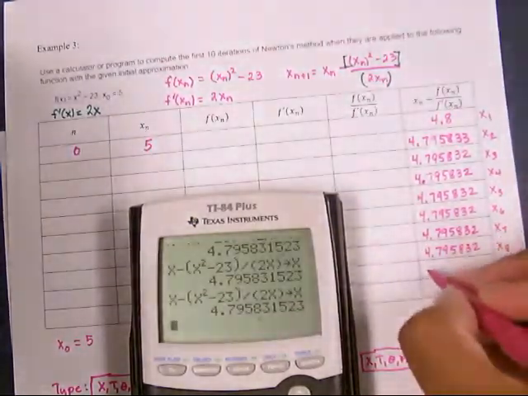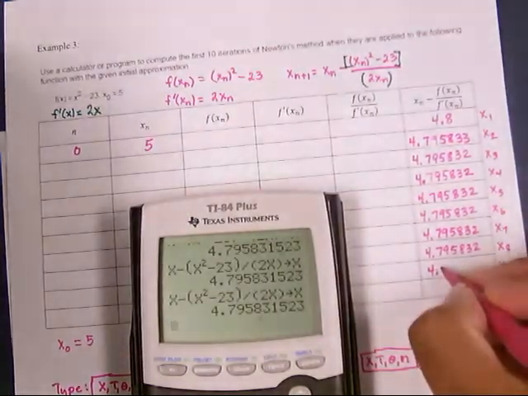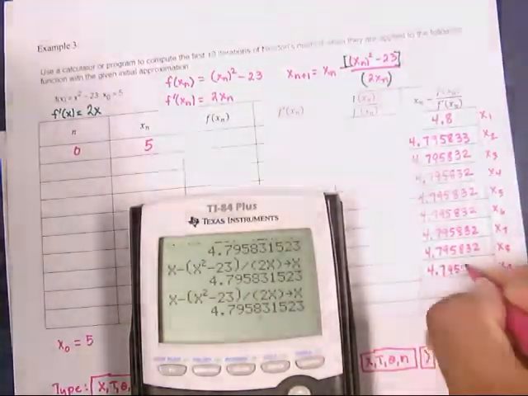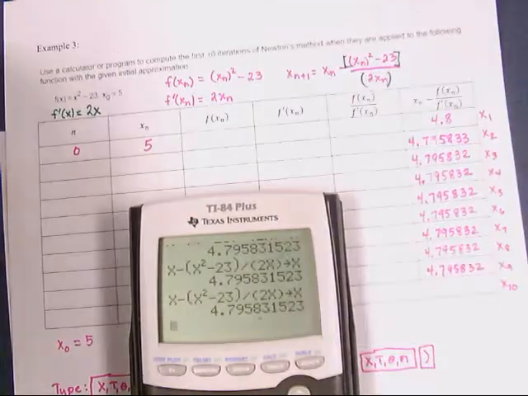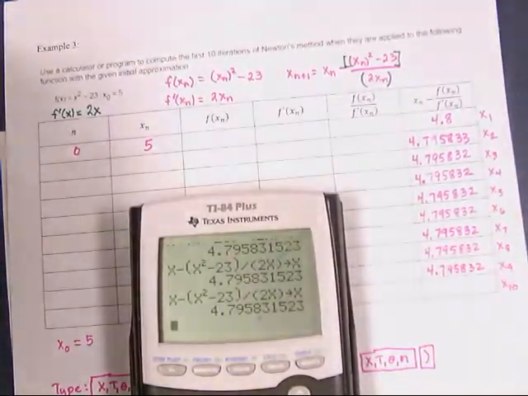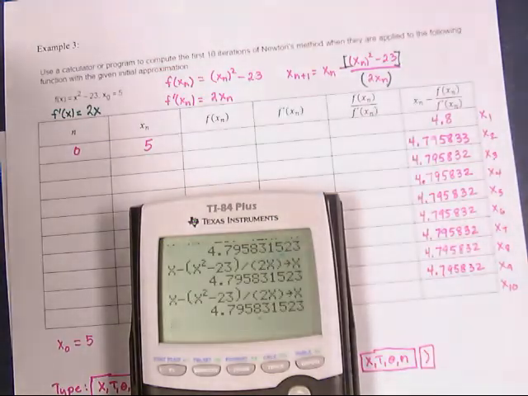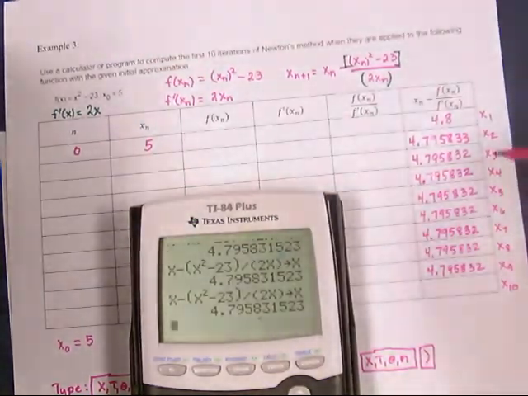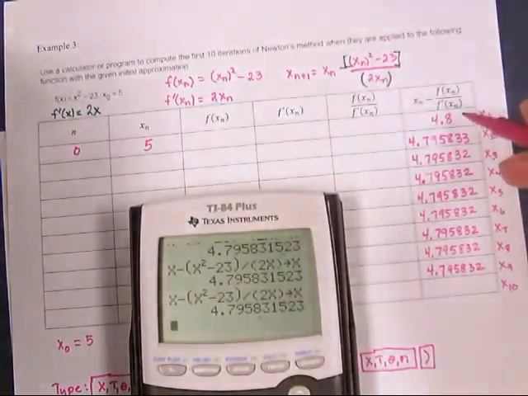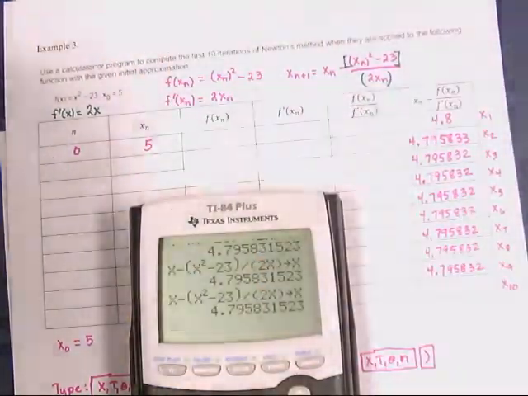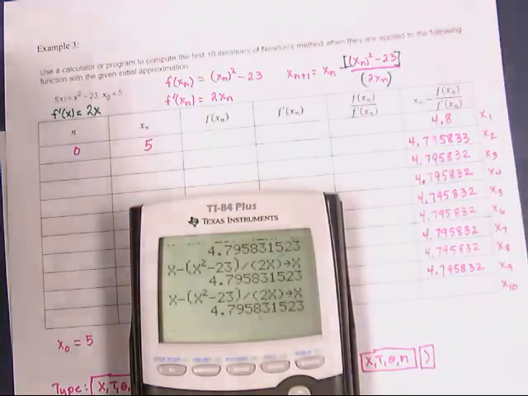So you can see that this particular Newton's method is going to be converging to this particular value, 4.795832, rounded to 6 decimal places here. Okay, so these are the first 10 iterations here, and that includes x sub 0 being equal to 5.